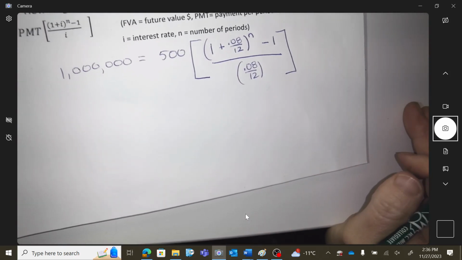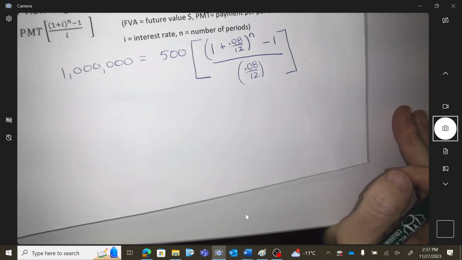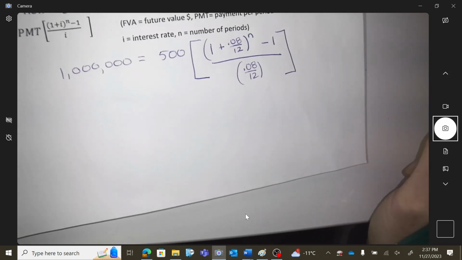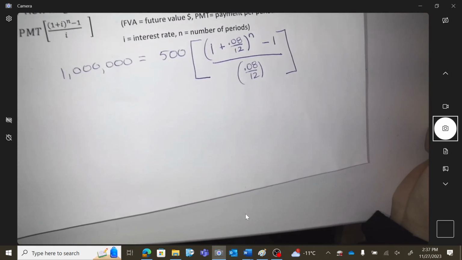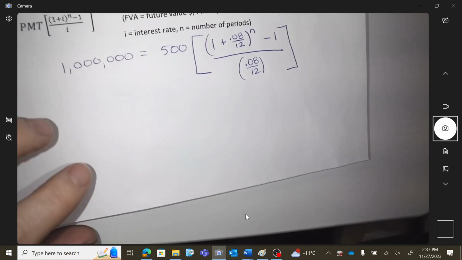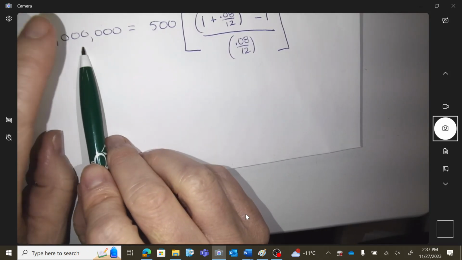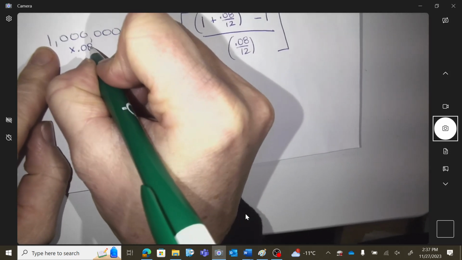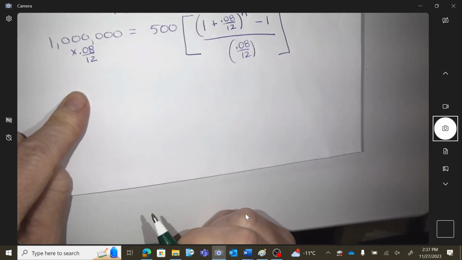Okay, is that okay? I just followed the formula. So we're trying to figure out how long, how many times do we have to go to the bank with this $500? Okay, ready? I'm going to do a bunch of stuff to this number. I'm going to times it by that.